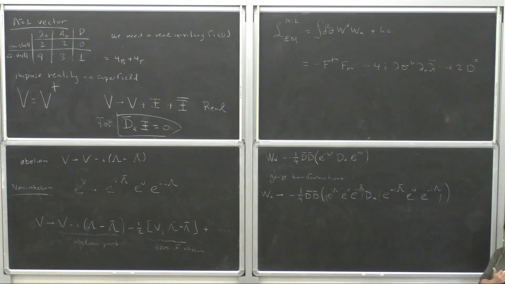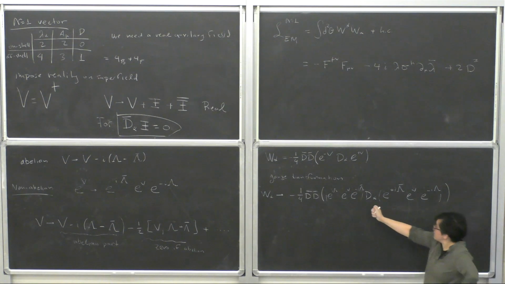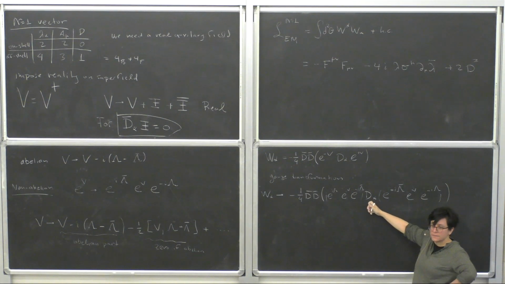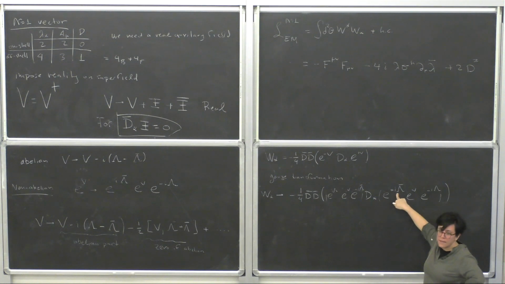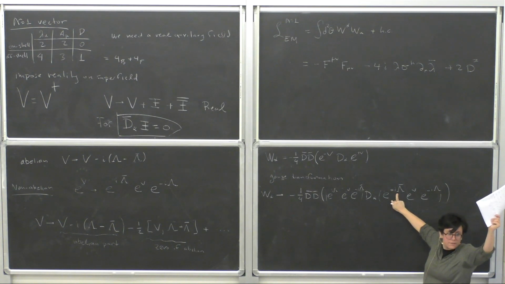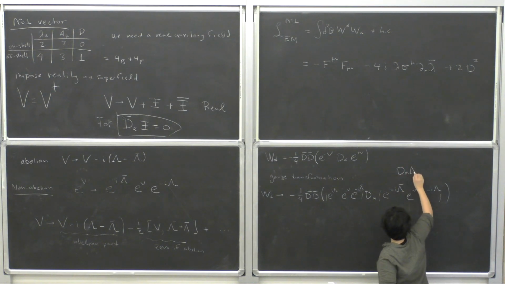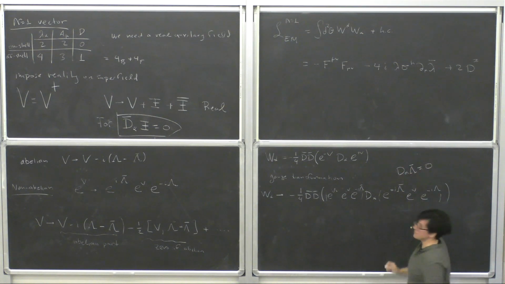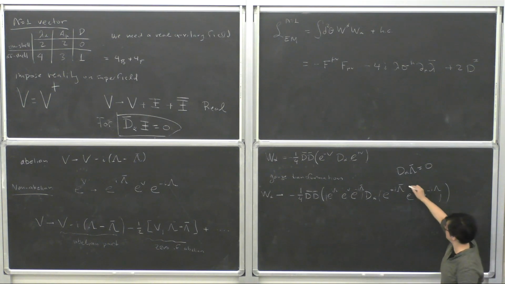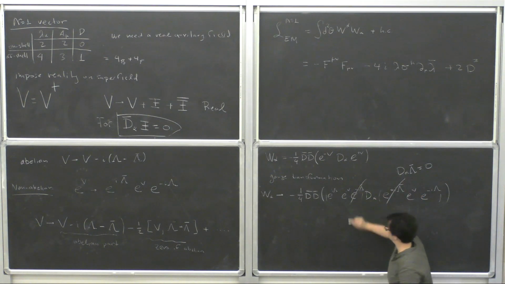Now we play our tricks again. First trick: D alpha can act here. What is lambda? Antichiral superfield. So, look at me, I can kill it.